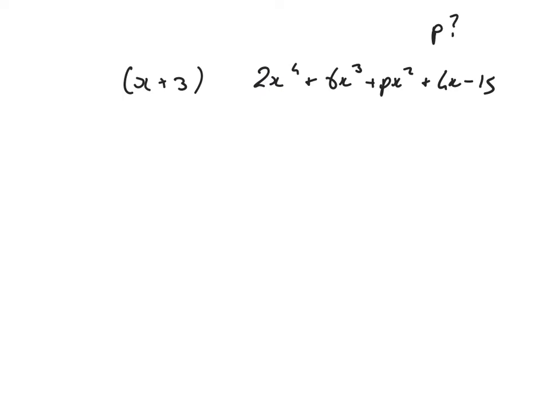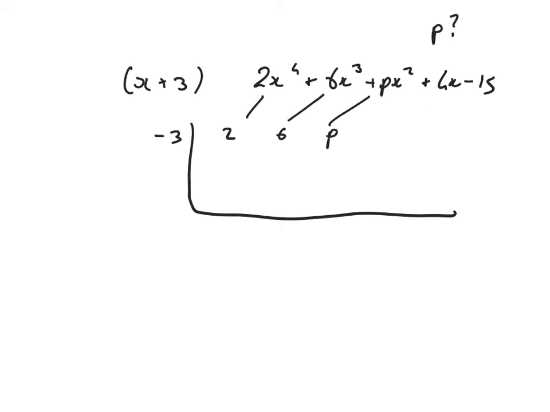Okay, so if x plus 3 is a factor, that'll be minus 3 up at the side and set up my synthetic division, so that'll be coefficients of 2, 6, p, 4 and minus 15.